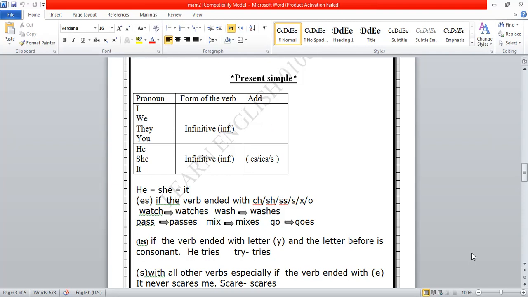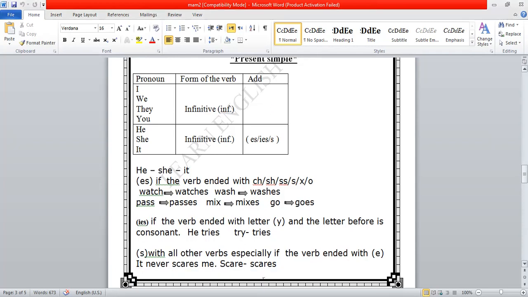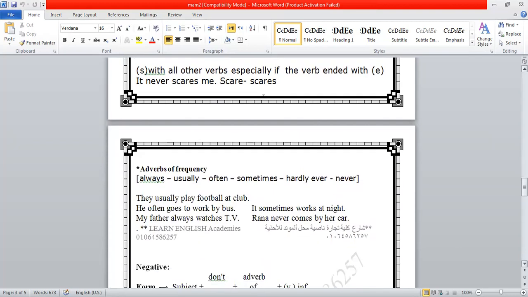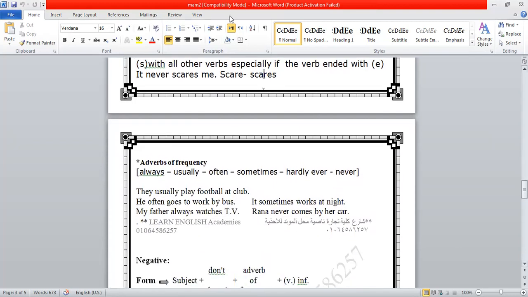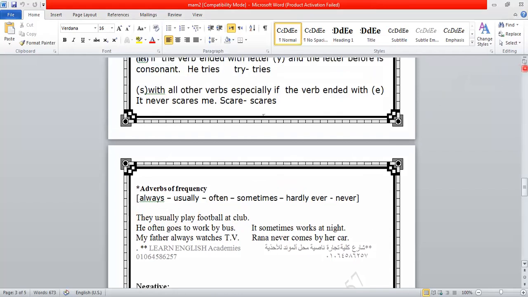Like if we say here, this example, they usually play football at club. We use the pronoun or subject they and the verb play, the main verb. Okay.